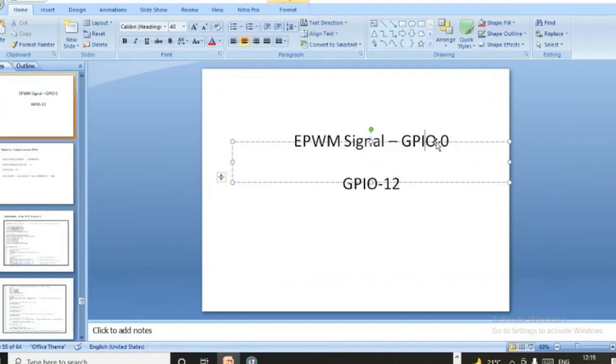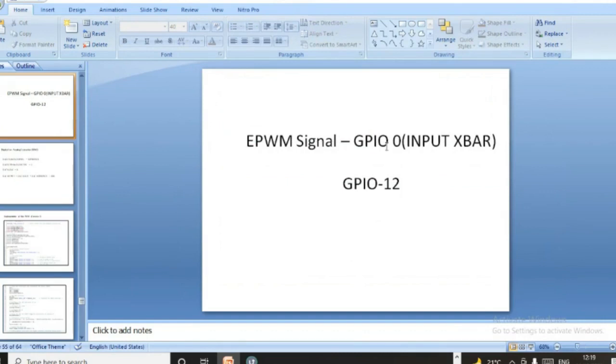So what I will do in the crossbar is assign GPIO 0 as an input crossbar. Basically, I am internally connecting a wire between these two so that whatever signal is there on GPIO 0, I can see on GPIO 12.